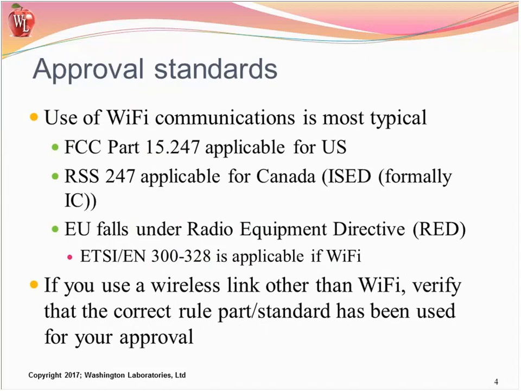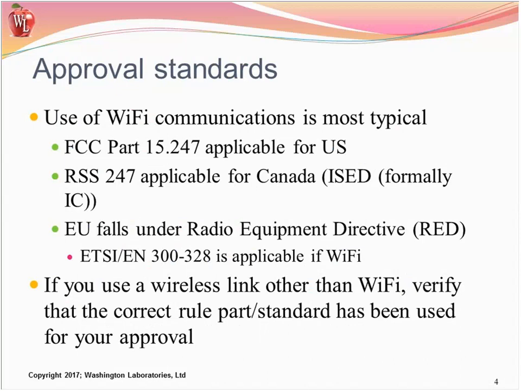That tends to be very harmonized with the U.S. 15.247. The European Union falls under the Radio Equipment Directive, and typically for these, the ETSI EN 300 328 is applicable if it is a Wi-Fi type module.